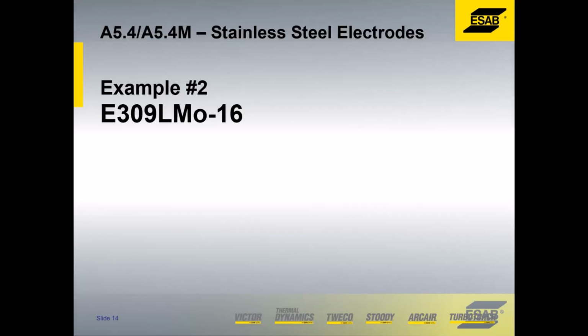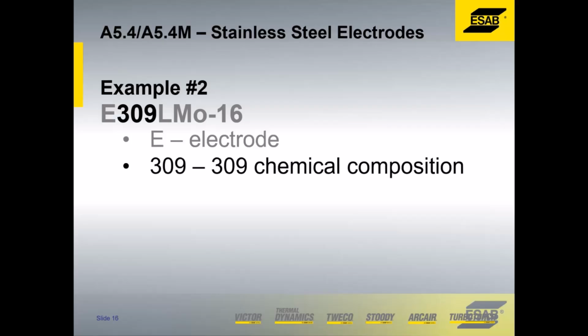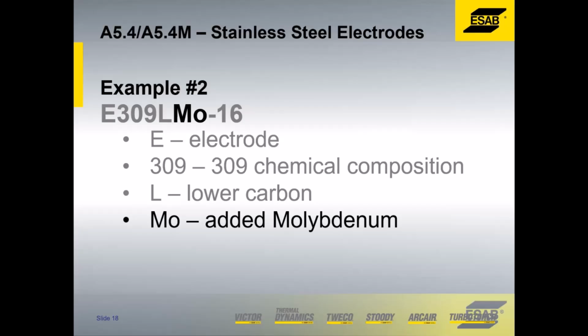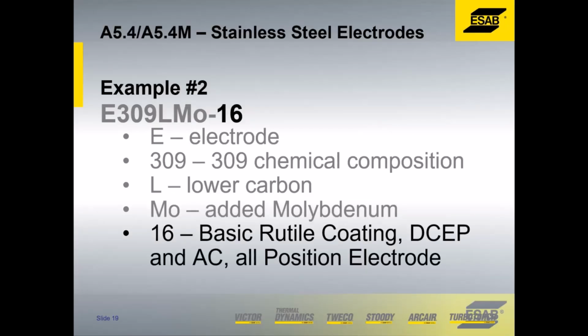So it's a 309. The intent is to weld on 309 steels or a dissimilar joint between carbon and stainless. So E electrode, 309, your chemical composition, low carbon, additions of molybdenum, and a 16 type. So it's your rutile electrode.